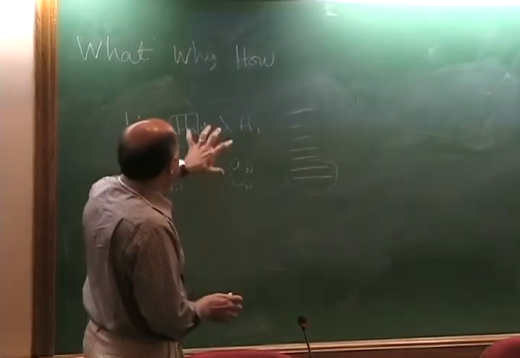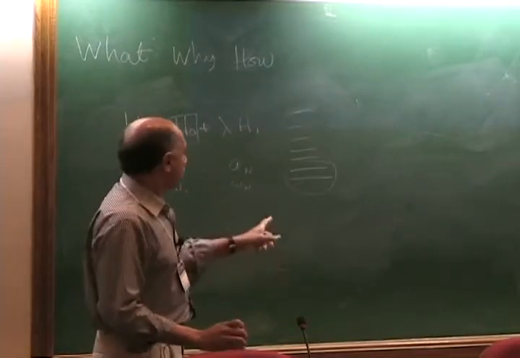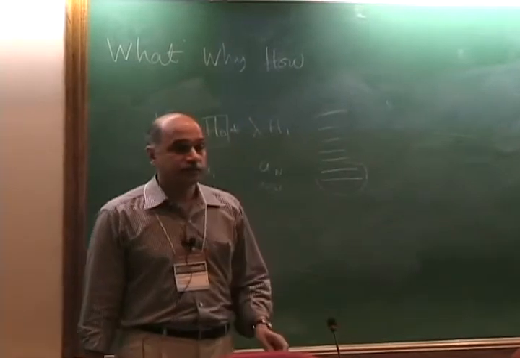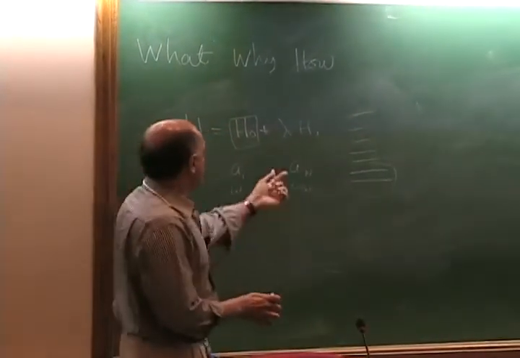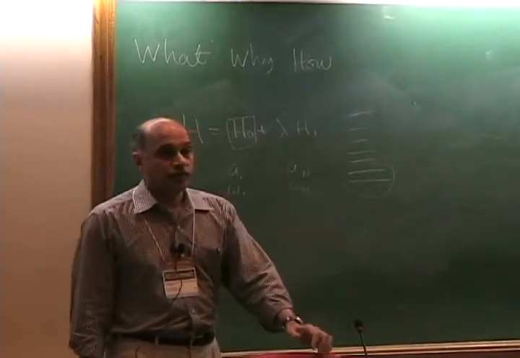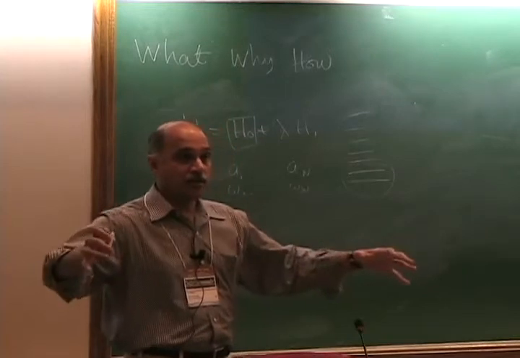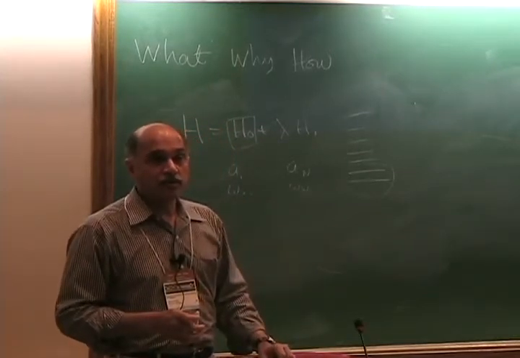Then I may want to trade this Hamiltonian for another Hamiltonian, which lives in a smaller Hilbert space that contains my guys, that doesn't contain the states I'm not interested in. You can ask, in that limited world, is this coupling important or not? It can happen quite often that even though the coupling looks very impressive in the bigger Hilbert space, when it comes down to really low energy physics, that coupling is unimportant.